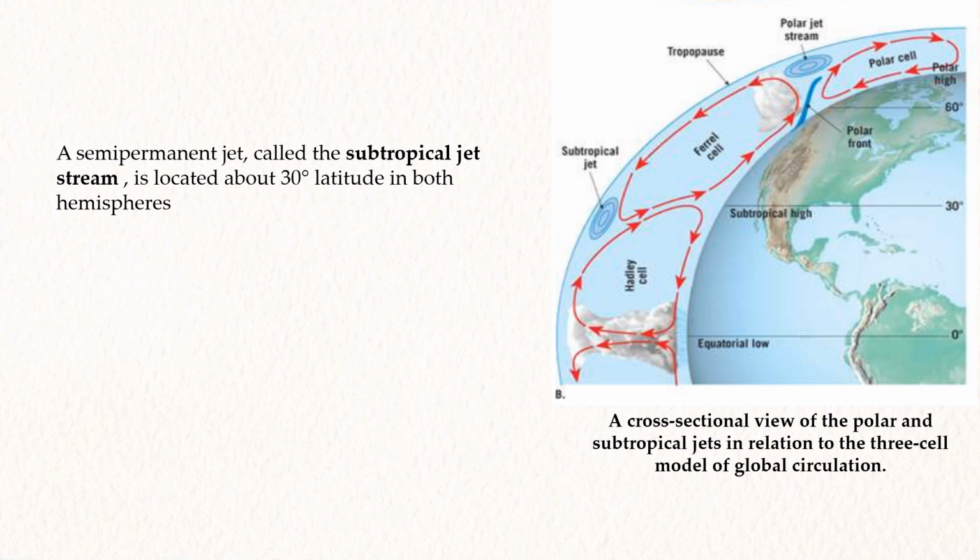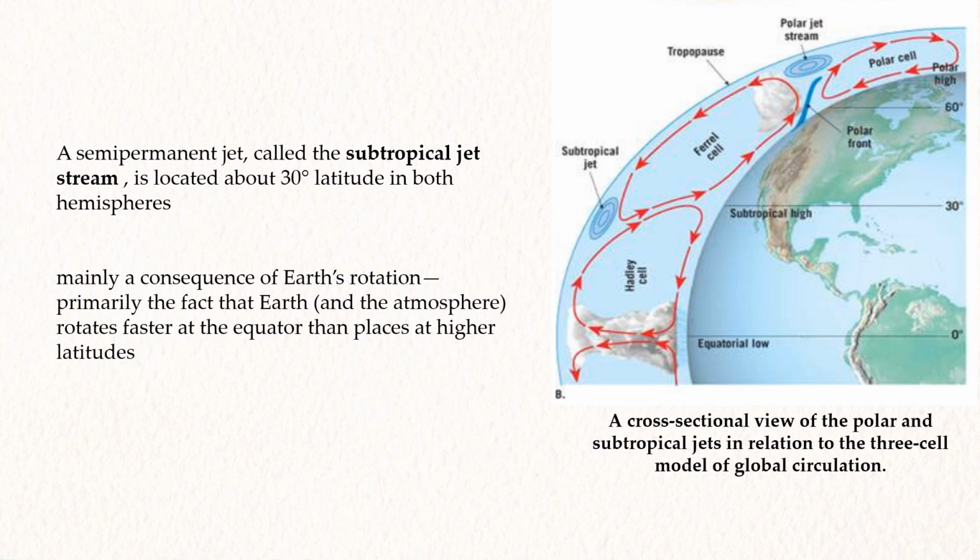Unlike the polar jet, which is generated by marked temperature differences found at higher latitudes, there is no strong temperature contrast in the subtropics. Therefore, this subtropical jet stream is mainly the consequence of Earth's rotation, the fact that the Earth and the atmosphere rotate faster at the equator than places at higher latitudes.